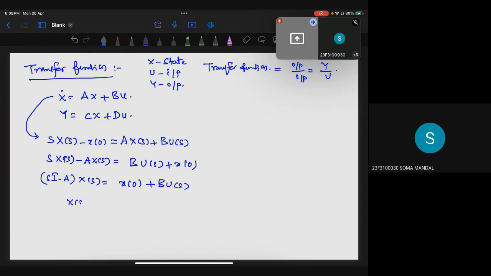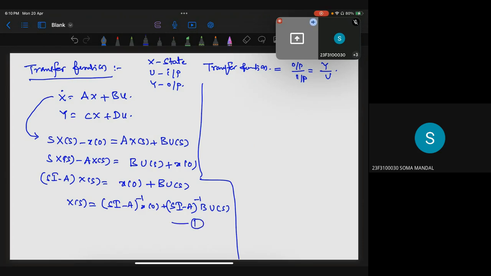So what is X(s)? X(s) is (sI minus A) inverse X(0) plus (sI minus A) inverse BU(s). Am I correct? Okay, so let us consider this as equation 1.